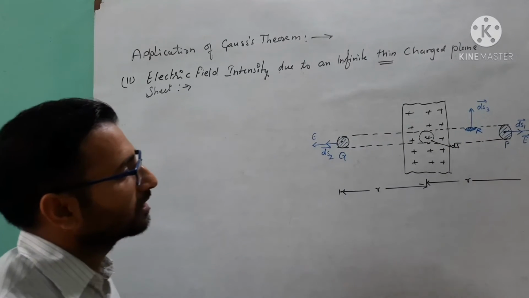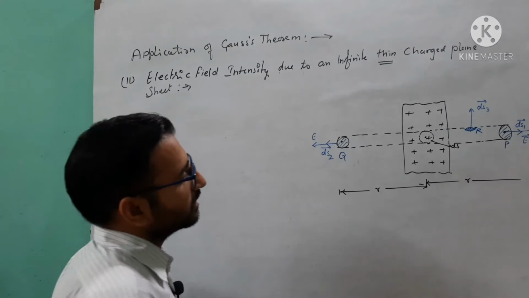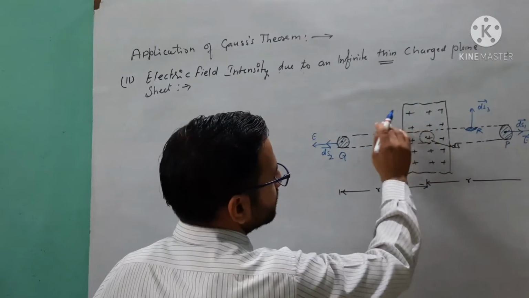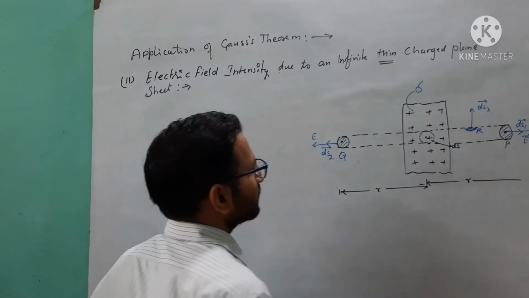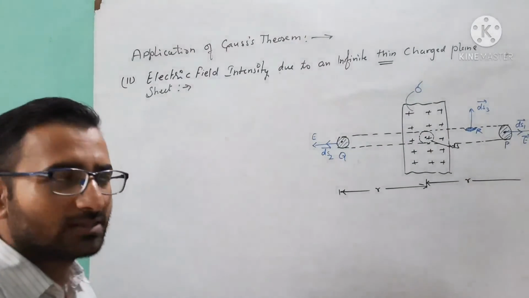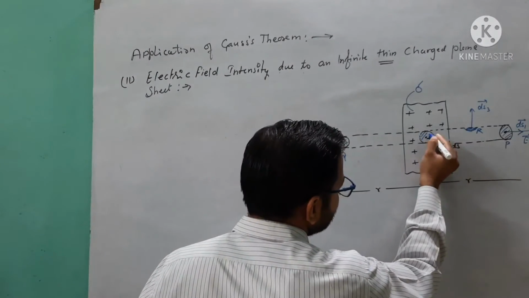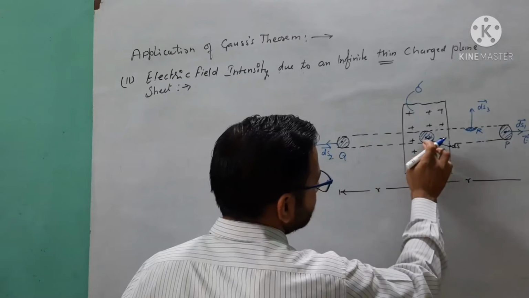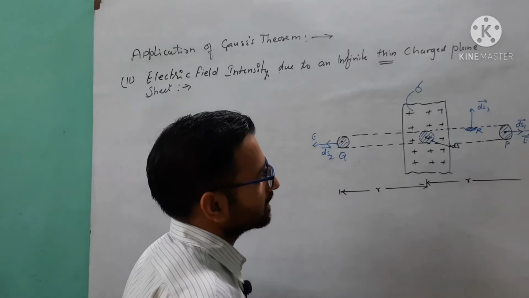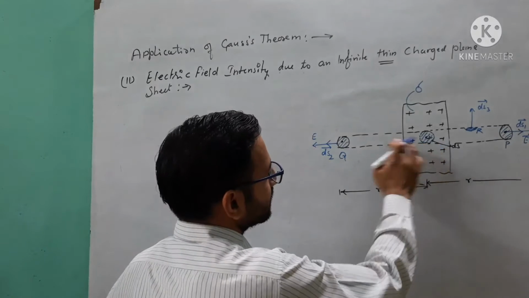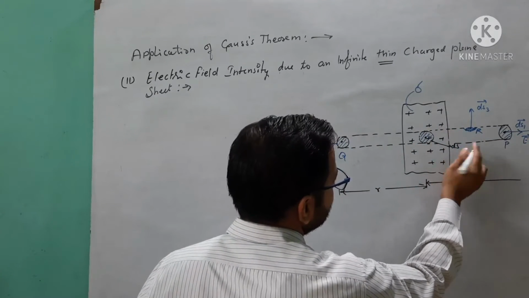So let us start. As we know the charge is uniformly distributed over its cross sectional area, let us suppose the surface charge density for this plate is sigma. These cross sectional areas all have the same surface area ds.